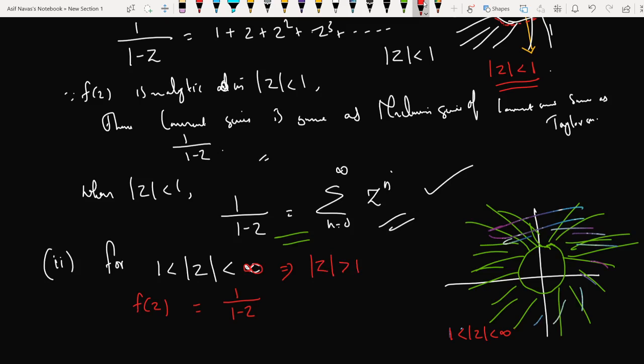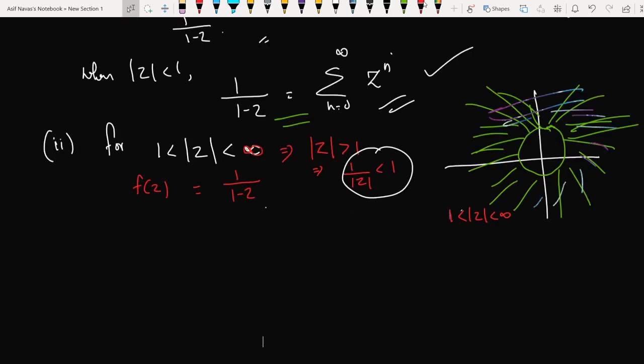This means the set of all z such that mod z greater than 1. If mod z greater than 1, then if you take the reciprocal, 1 by mod z must be less than 1.